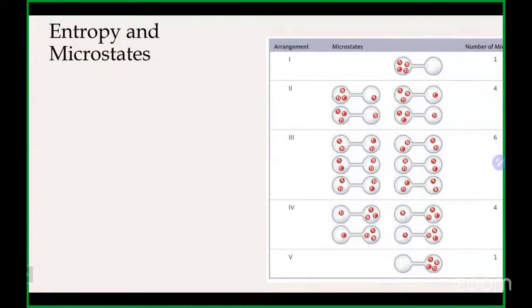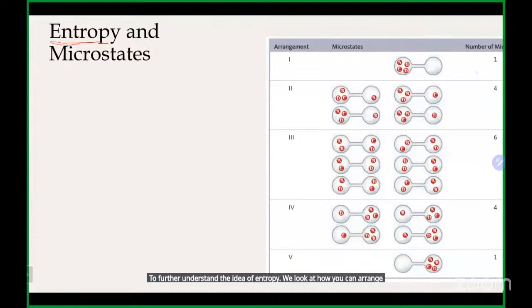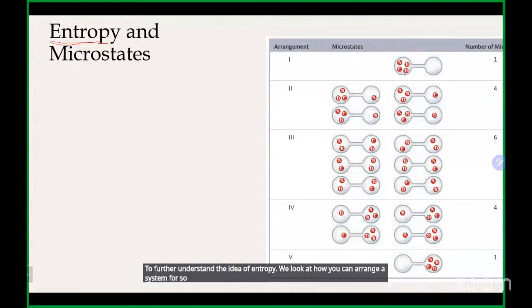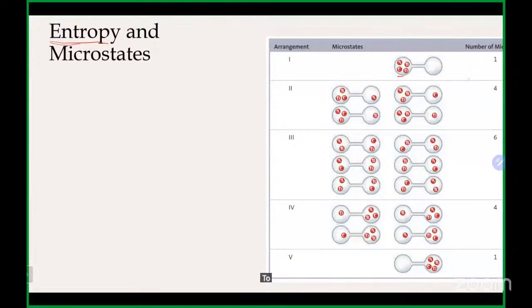To further understand the idea of entropy, we look at how you can arrange a system. In a system of four particles, the particles can move on their own, so let's call them gas particles. Gas particles have enough energy to move randomly about.